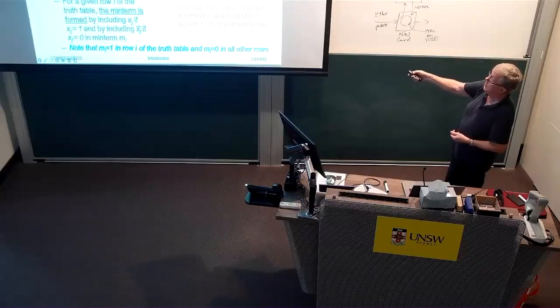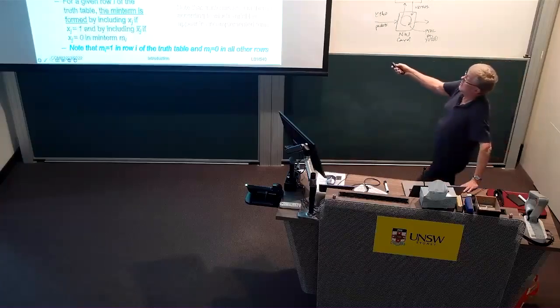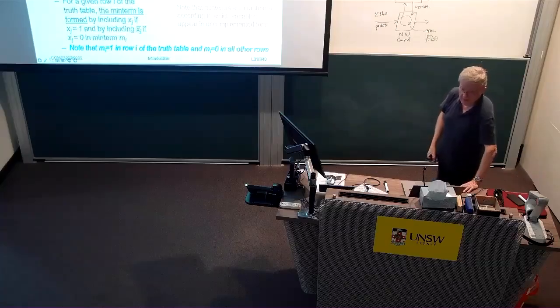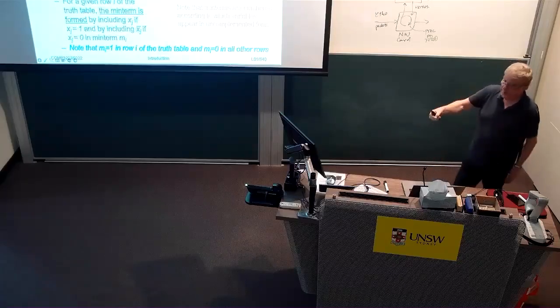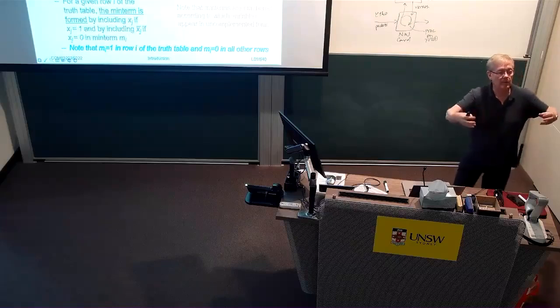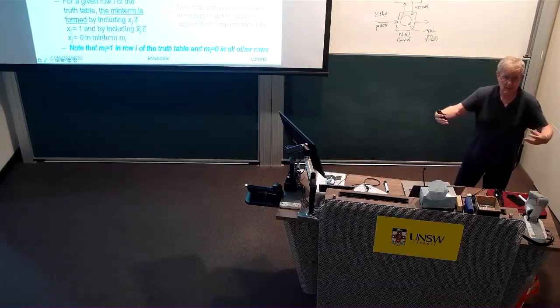In the first row of the truth table, when x1, x2, and x3 are all 0, the complement of x1, the complement of x2 and the complement of x3 will each be 1, since each variable is 0. And if I combine those three ones in the product, the result will be a 1.